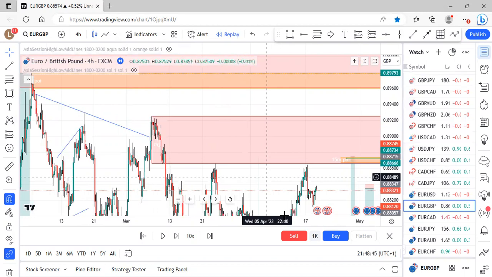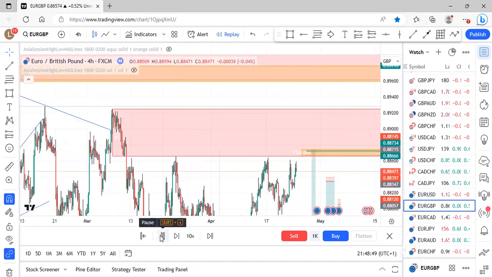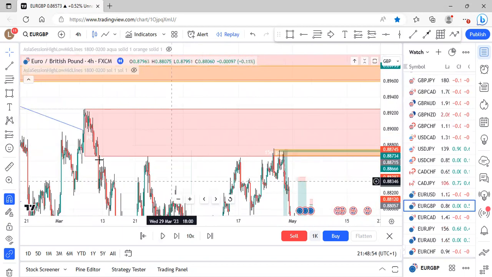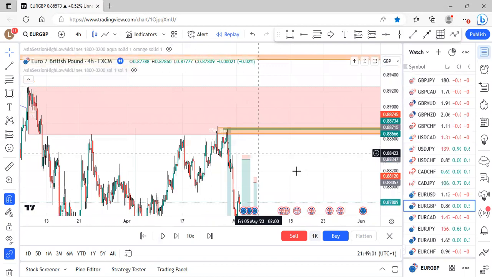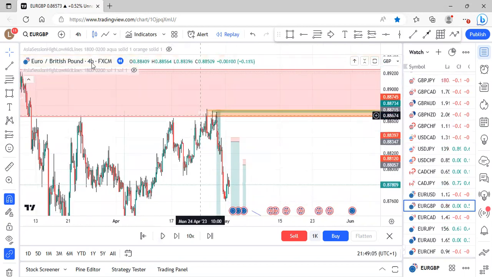I'll play this again so you've got a breakdown. Price comes up, fills a bit of imbalance in here, creates liquidity through here, sweep goes again. I believe it's just so we go through the time frames on here.